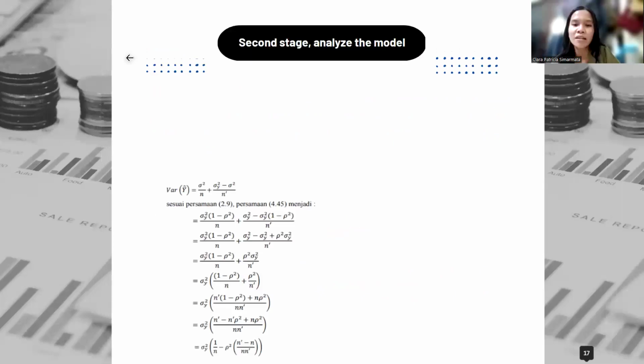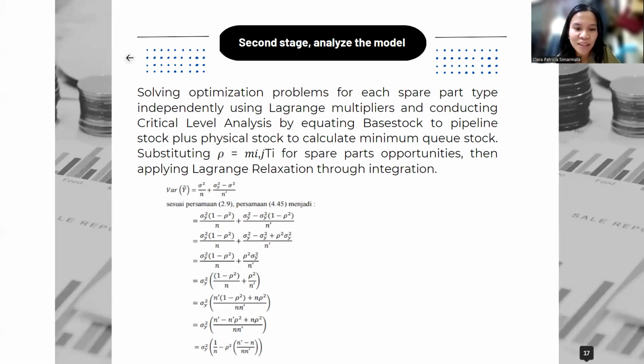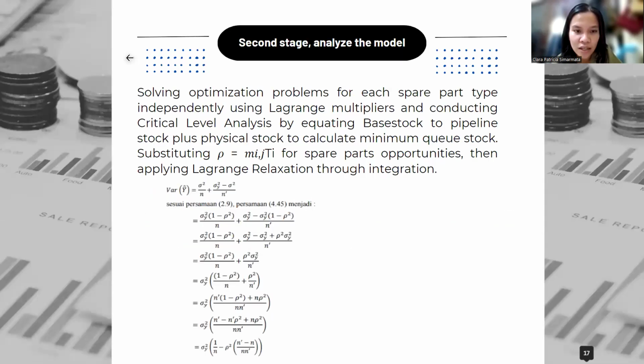The second stage, analyze the model. Solving optimization problems for each spare part type independently using Lagrange multiplier and conducting critical level analysis by equating base stock to pipeline stock plus physical stock to calculate minimum queue stock, substituting rho and GTI for spare parts opportunities, then applying Lagrange reflection through integration.